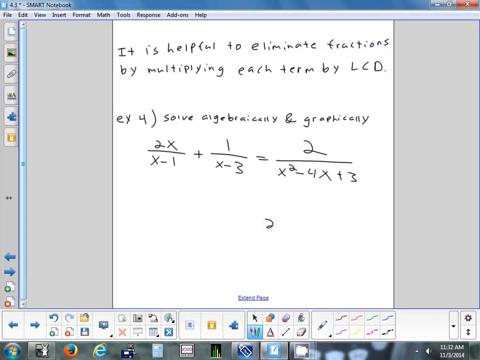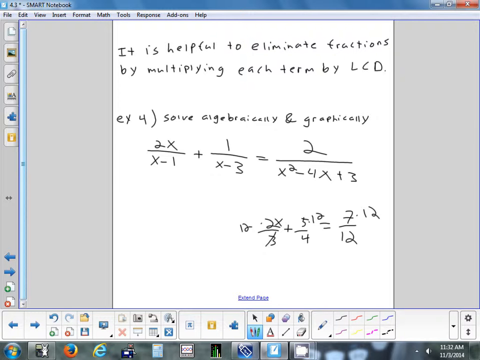Okay, and the idea is similar to this. If you had 2/3 plus 5/4, and that was equal to 7/12. Now let's throw a variable in there somewhere. And I asked you to solve that equation. If you multiplied everything here by 12, times 12, times 12, and times 12, all your denominators would disappear.